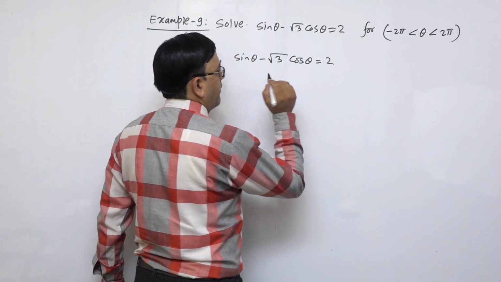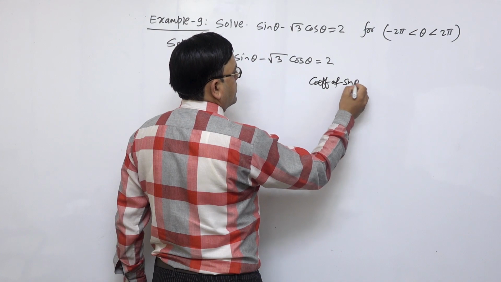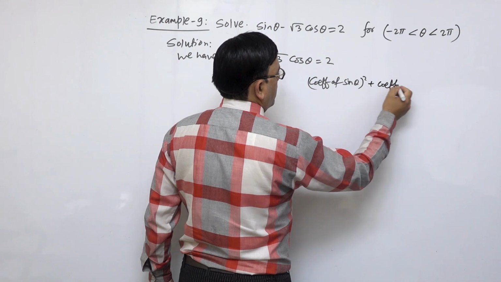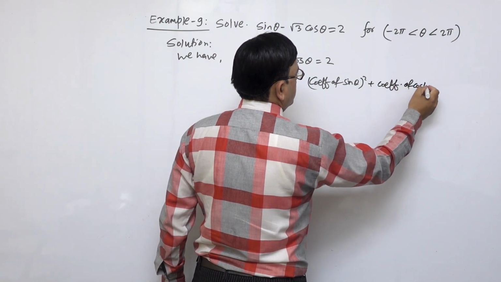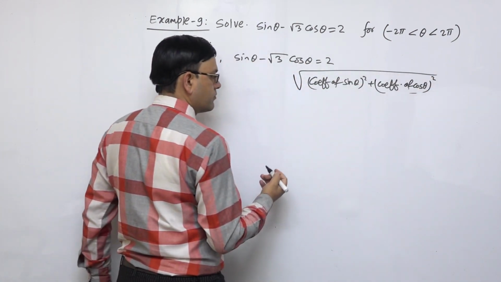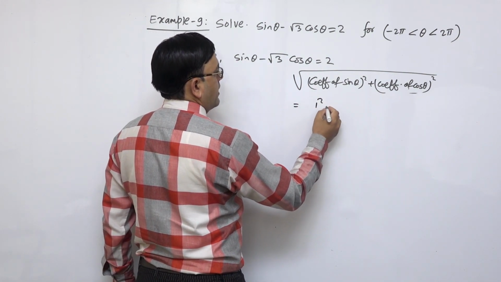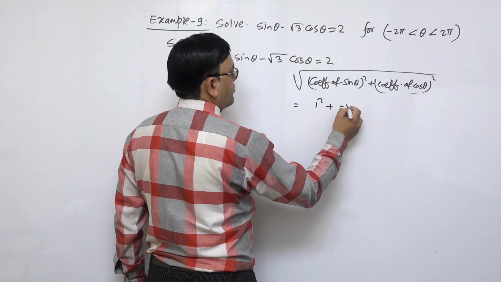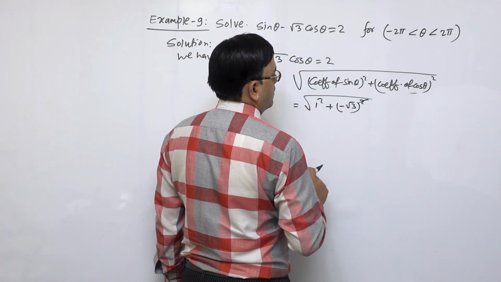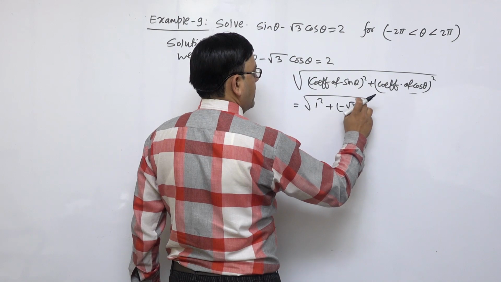So let's look here, root under coefficient of sine theta whole square plus coefficient of cos theta whole square is equal to, coefficient of sine theta is 1 square plus coefficient of cos theta is minus root 3 whole square, so the minus cannot cancel here.